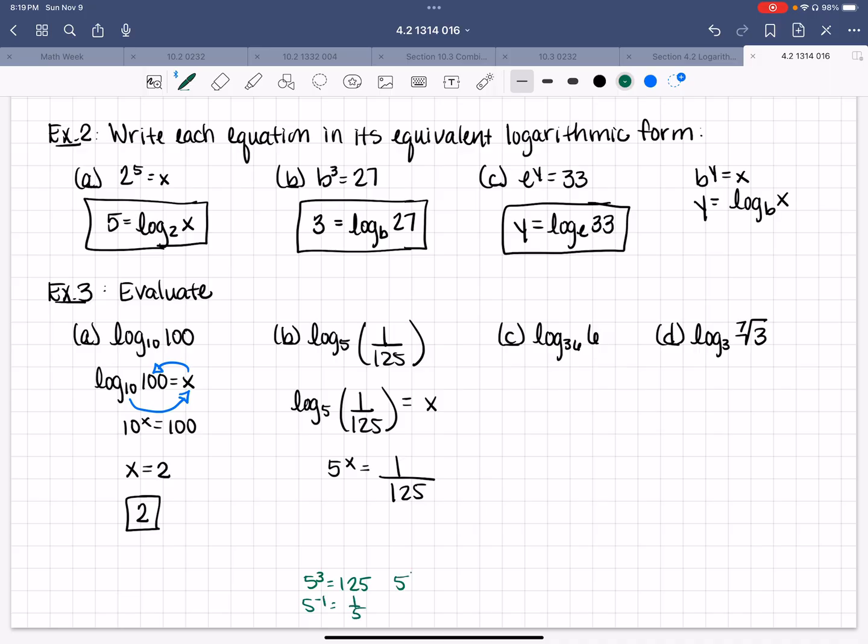So 5 to the negative 3 would be 1 over 5 to the 3rd power, and I know that 5 to the 3rd power is 125. So I know that x is going to equal negative 3.